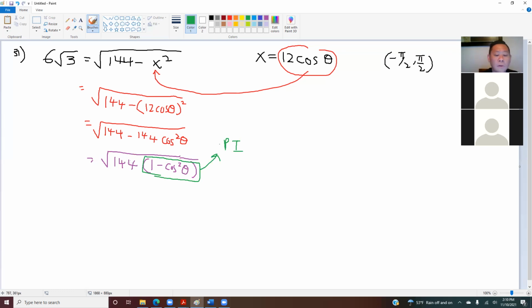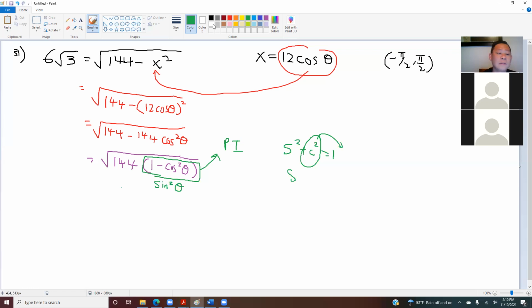As you know, the Pythagorean identity says sine squared plus cosine squared equals 1. So what is 1 minus cosine squared? If you move the cosine squared to the other side, this becomes sine squared theta.